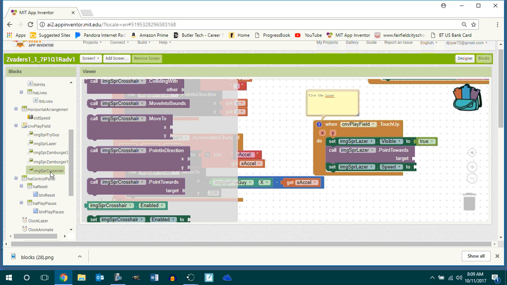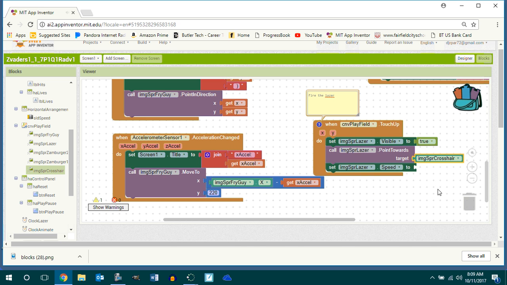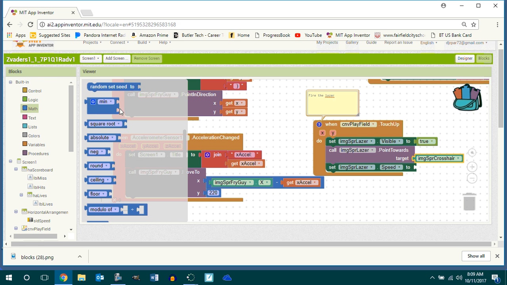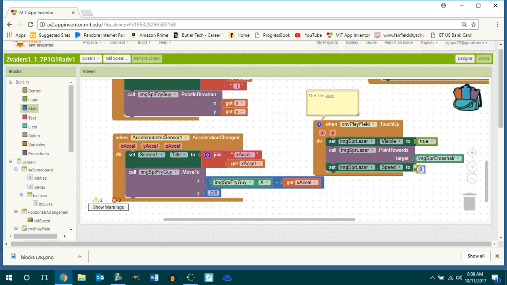Are you with me? So we want to point towards the target, the crosshair, and set its speed to, I don't know, pretty fast. So what is pretty fast? Does anyone know what fast is? I'm guessing like 50 pixels per tick.